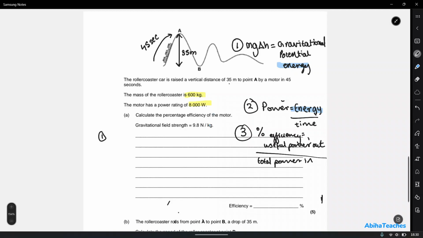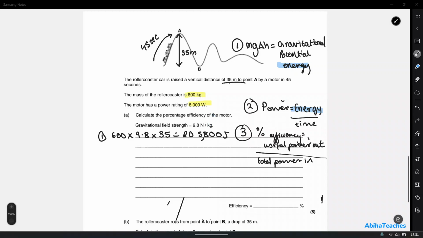I've written mg delta h because I just thought of the A-level one, so my apologies for that. But what we just need to do is the mass, which is 600, multiplied by the gravitational field strength, which is 9.8, multiplied by the height 35 to give us 205,800 joules.